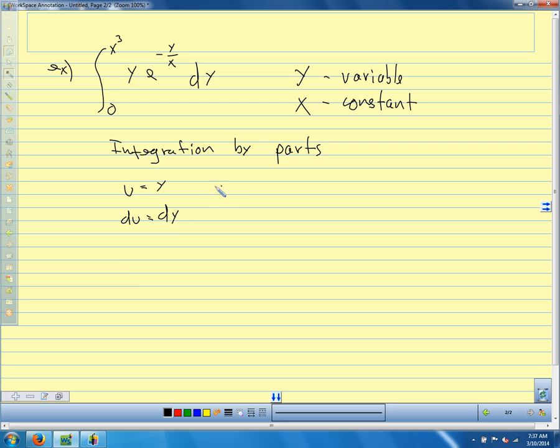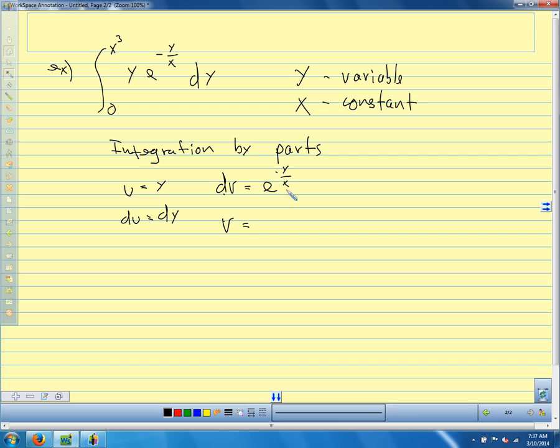And I'm going to say dv is e to the minus y over x dy. And for v, I need to integrate this, e to the minus y over x, and x is a constant. We're integrating this with respect to y.